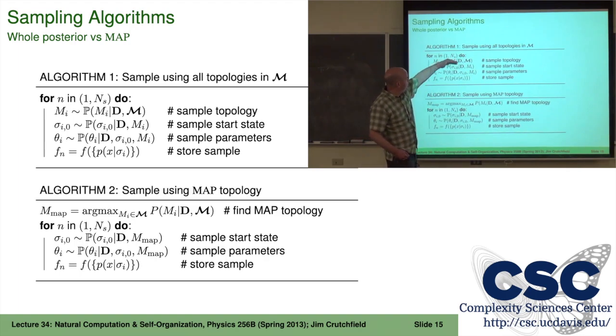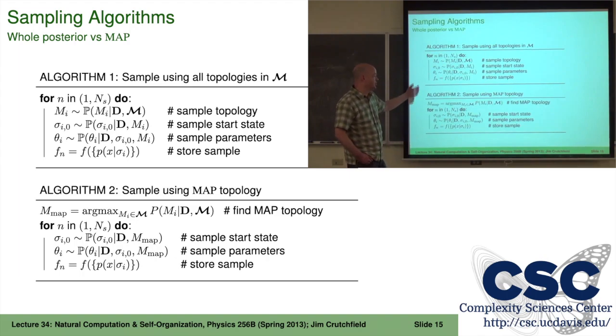And each of these posterior distributions come from the various levels that we did: these from the previous lecture, this from today. The other option is to just use the single maximum a posteriori topology, where you take that single thing. There's no longer the sampling of topology, but you still could sample start state and transition probabilities to capture some of the uncertainty and evaluate your functions.